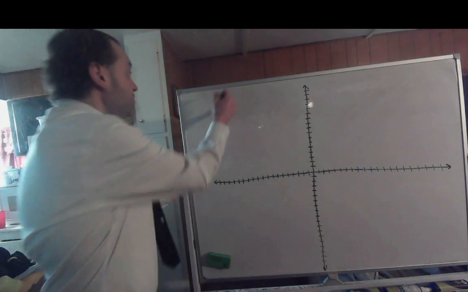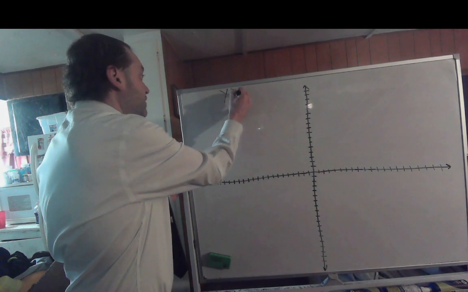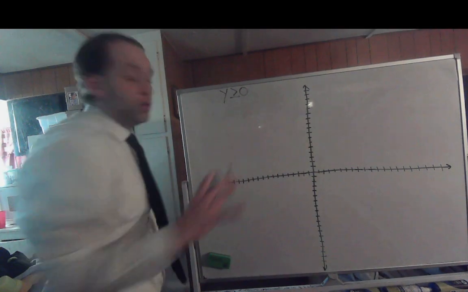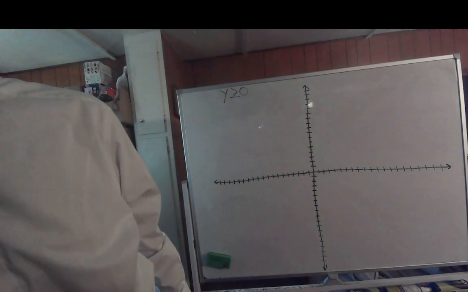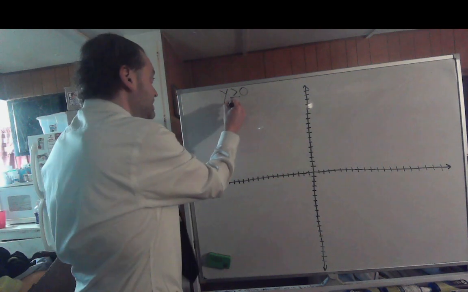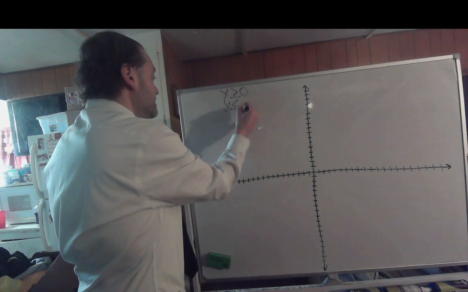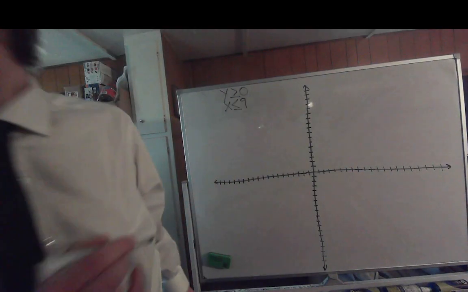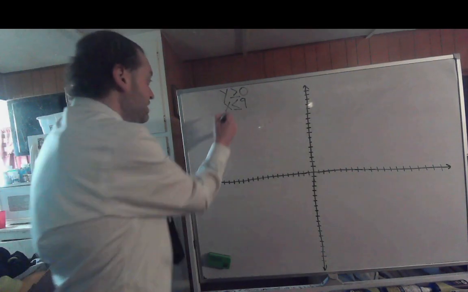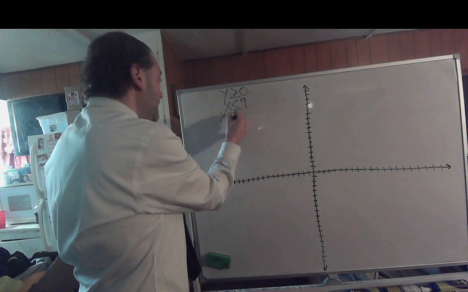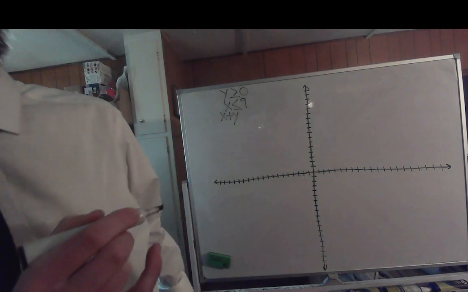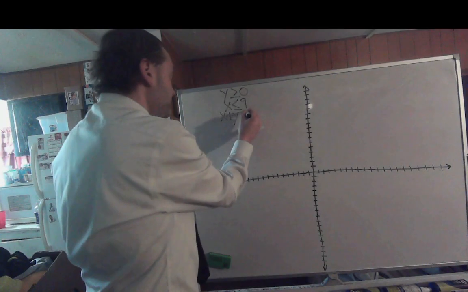Alright, so we have y is greater than or equal to 0. We have x is less than or equal to 9. We have x plus y is less than 15.